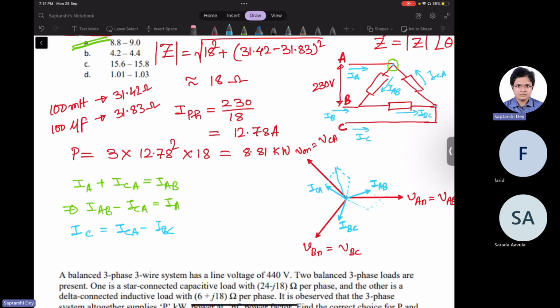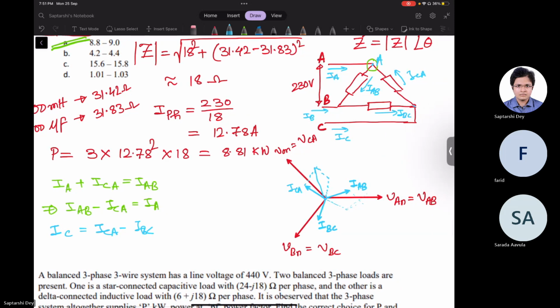Why did I make a mistake? My conventions are correct. If this is A, B, C, then A, B. Write in chat if you find out.